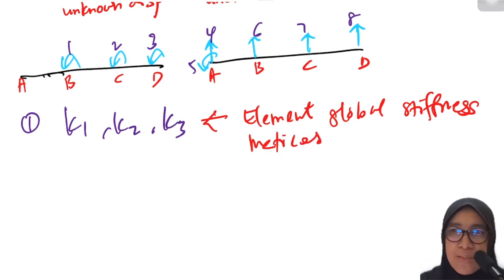We calculate this based on the formula given in page 1 of the appendix. For a beam, you just need to include the length as well as EI in order to get the element stiffness matrix.